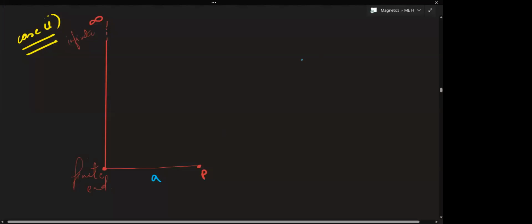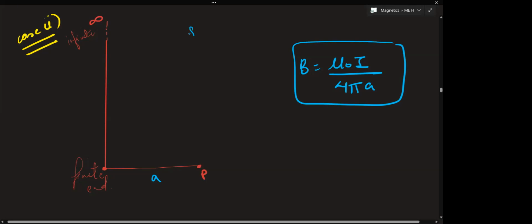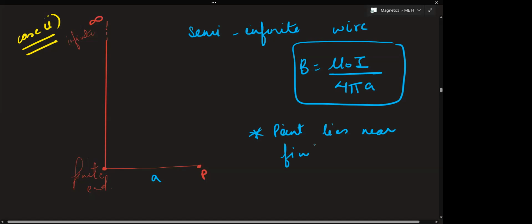This is again A. Magnetic field's formula is mu naught I divided by 4 pi A. This is the case of a semi-infinite wire and the point lies near the finite end.